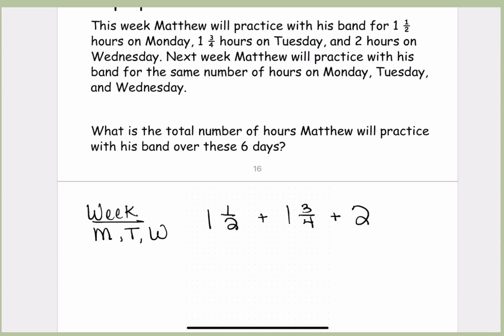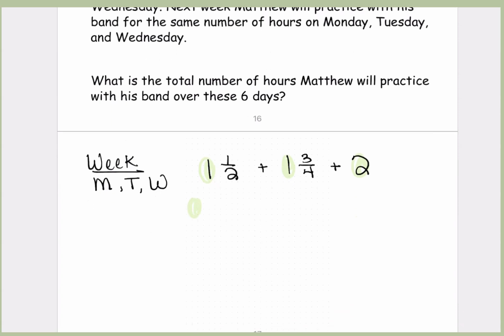So because we are adding these mixed fractions, I like to separate my whole numbers and my fractions. So that gives me one whole number, one whole number, one whole number. And that is 1 plus 1 plus 2, which we know is 4.